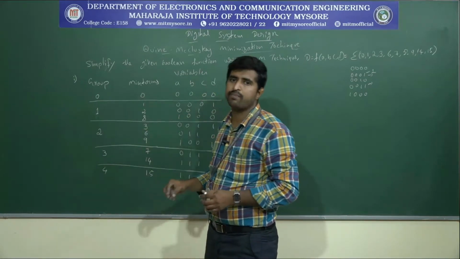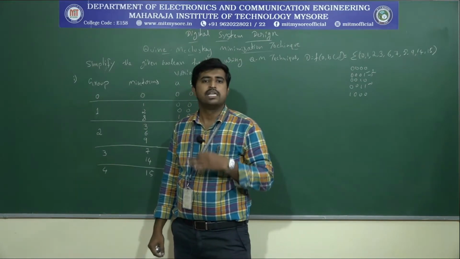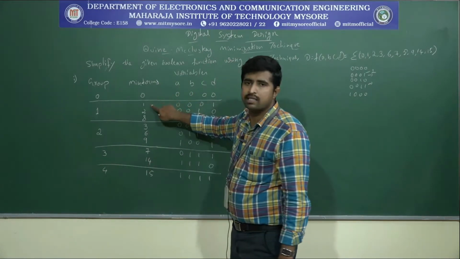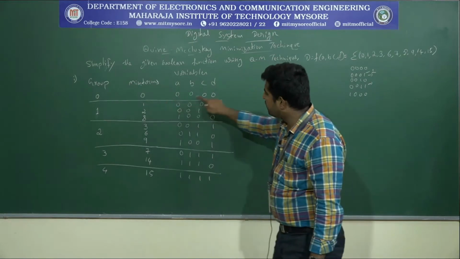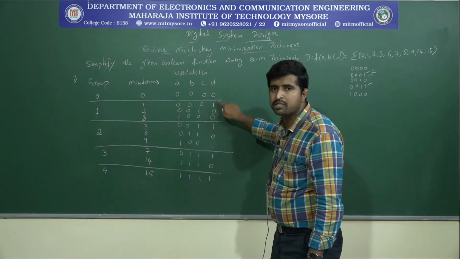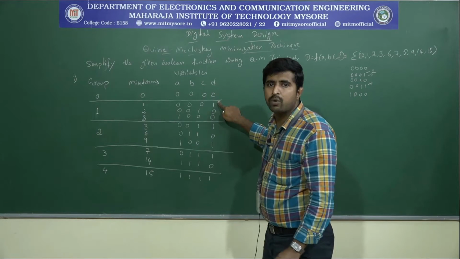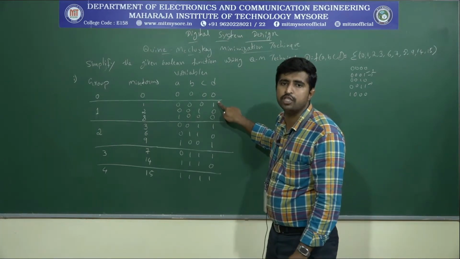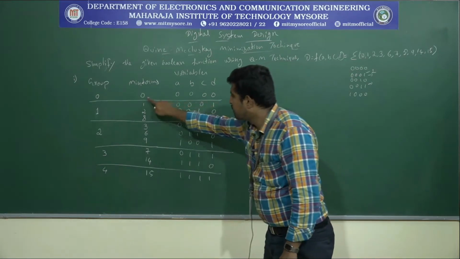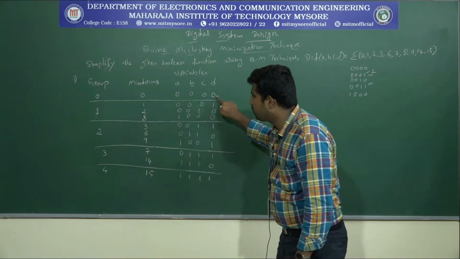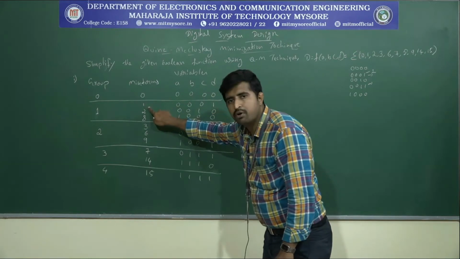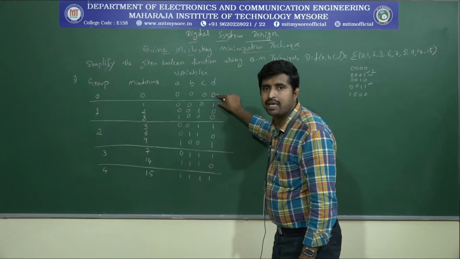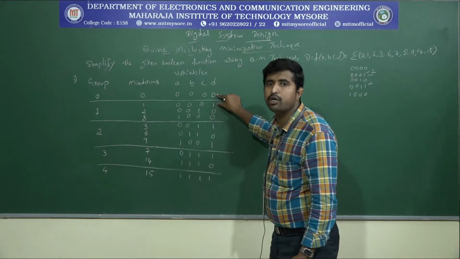For the grouping there is a criterion: when you are grouping one min term with another min term, the variables should match each other and differ in only one position. So 0, 0, 0, 0 can be grouped with 1, that is 0, 0, 0, 1, because only one literal has been changed. If that is the case, that can be grouped.